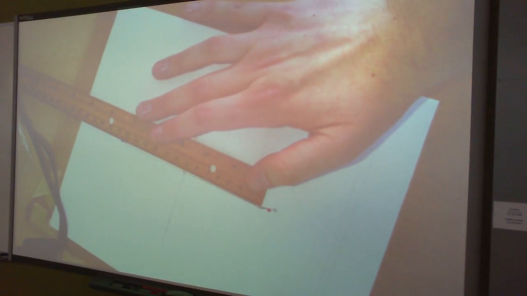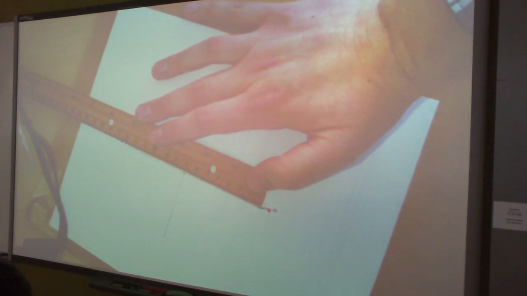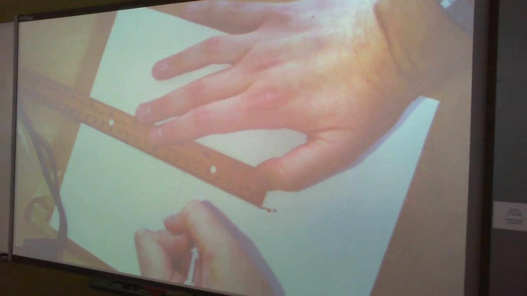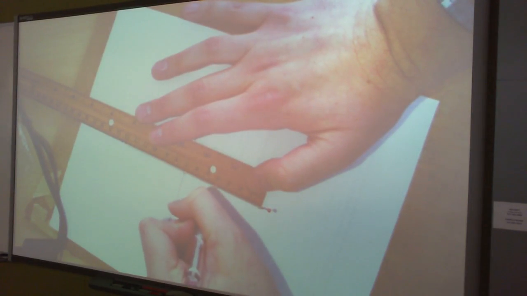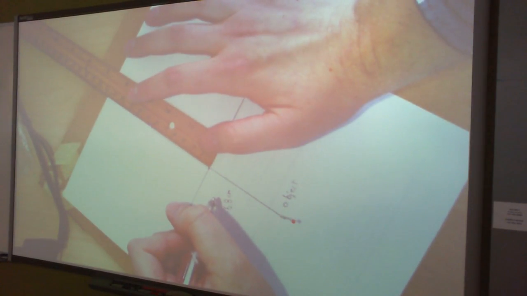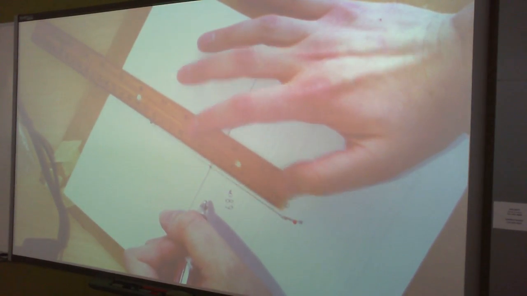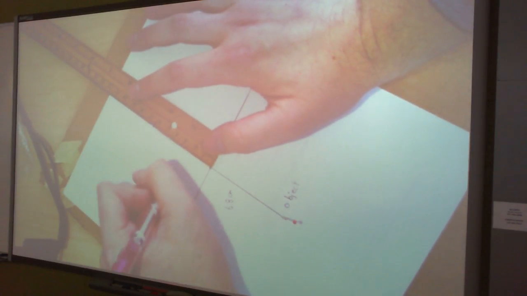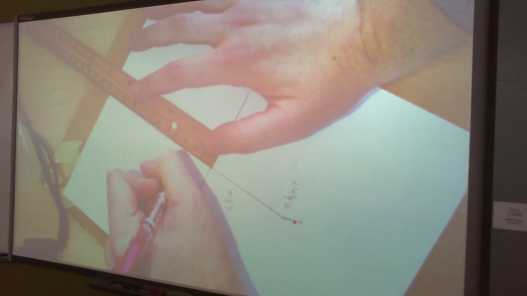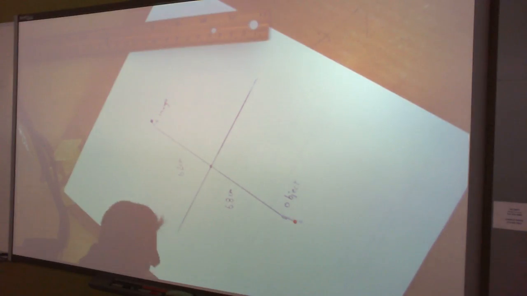I got 6.8 maybe. And then I'm going to measure this other distance. Maybe I measured this first one wrong. Yeah, I got 6.8, and this one I got about 6.2. So I didn't do this 100% accurately.